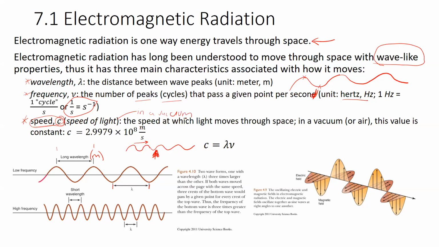And so we consider the speed of light in a vacuum or in air, because light does travel through different substances at different speeds. However, in chemistry, we really only tend to deal with light moving through air, which is similar enough to a vacuum as to not really have a tremendous effect on its speed, okay?